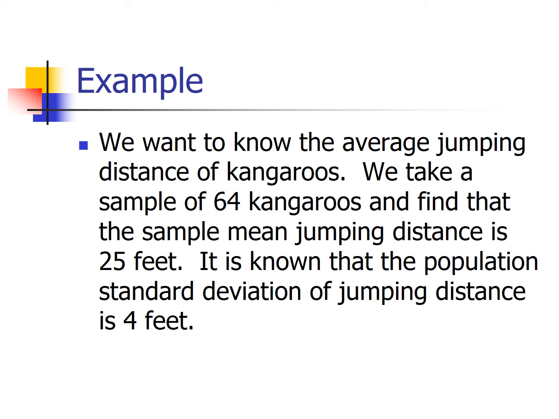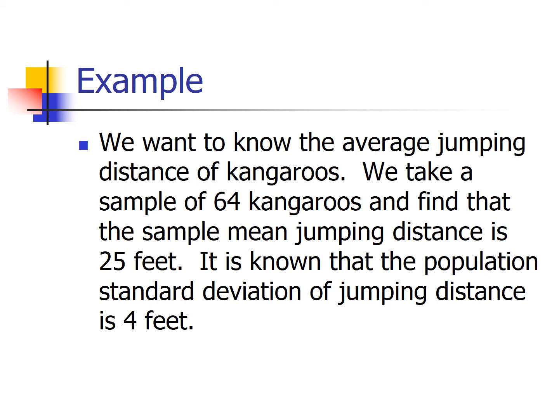We line them all up in our front yard. We have a kangaroo jumping Olympics. Let's go to town. Every kangaroo jumps. We record how far it jumps, and we look at the average jumping distance. So the average jumping distance for our sample of kangaroos is 25 feet. But what we're interested in is the average jumping distance of all kangaroos.